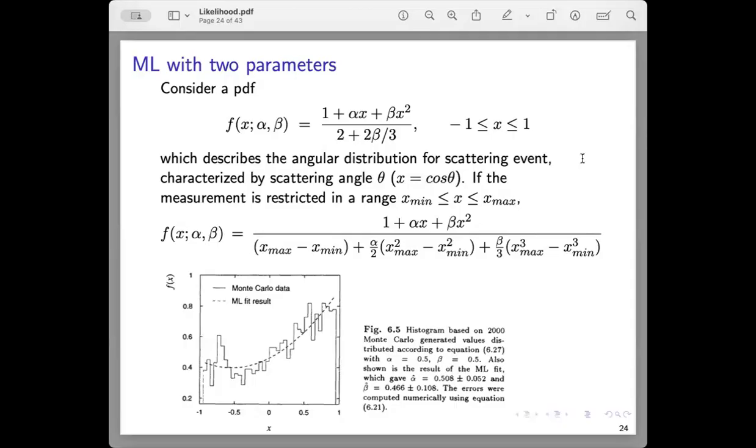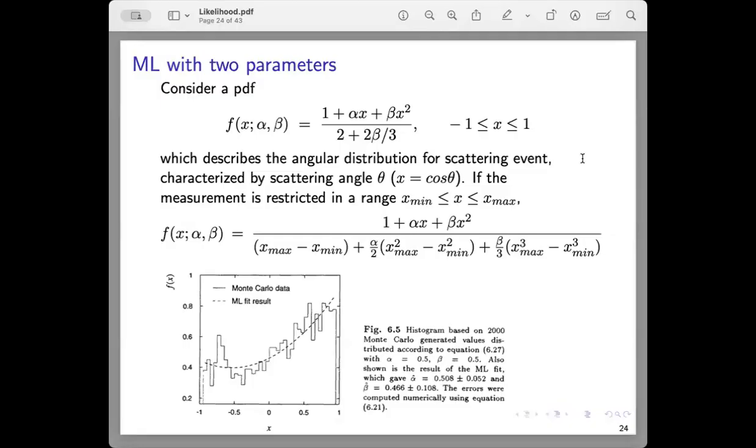This kind of PDF describes the angular distribution of some scattering event, where the scattering angle theta is characterized by x equal to cos theta. If the measurement is restricted within some range, you can do a variable transformation to get the PDF in that range, x to x max.